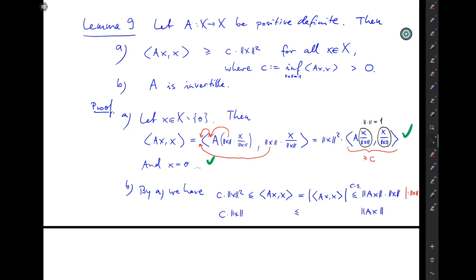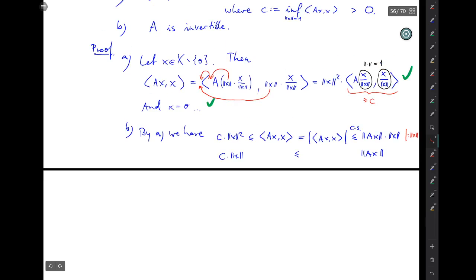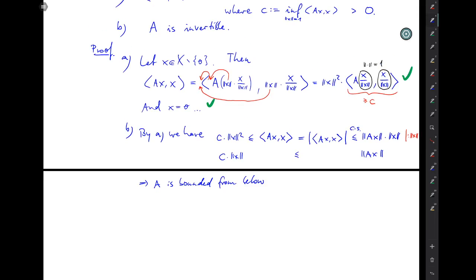Okay, so we see that our operator A is bounded from below, and the little c here is playing exactly the same role as it did in our lemma 8, where we introduced this property. So by that same lemma 8, A is injective and has a closed image.